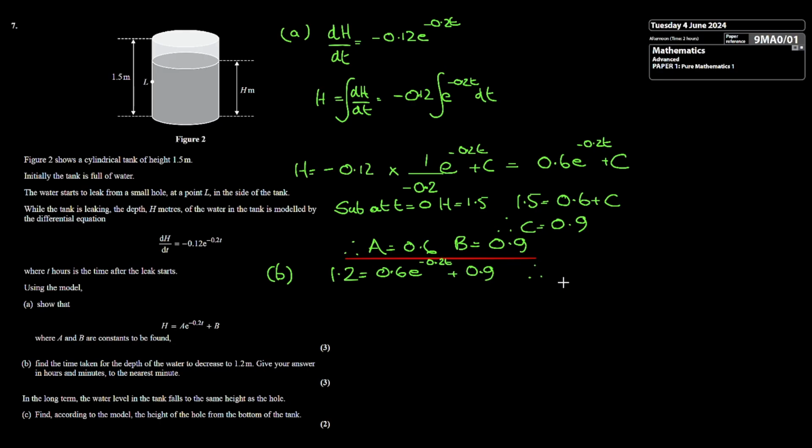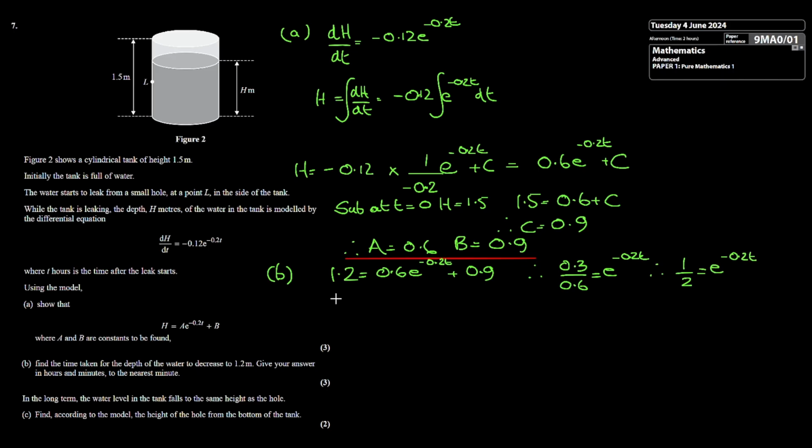So therefore I can say 0.3 divided by 0.6 must be equal to e to the minus 0.2t. Simplifying further, this is a half is equal to e to the minus 0.2t.